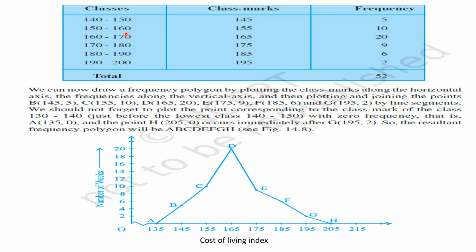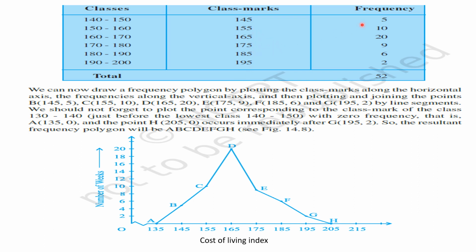Similarly, for the next class, 150 plus 160 by 2, 155. 160 plus 170 by 2, what will you get? 165. 170 plus 180 by 2, we get 175. 180 plus 190 by 2, we get 185. 190 plus 200 by 2, we get 195. Understood all these 7 values, my children?